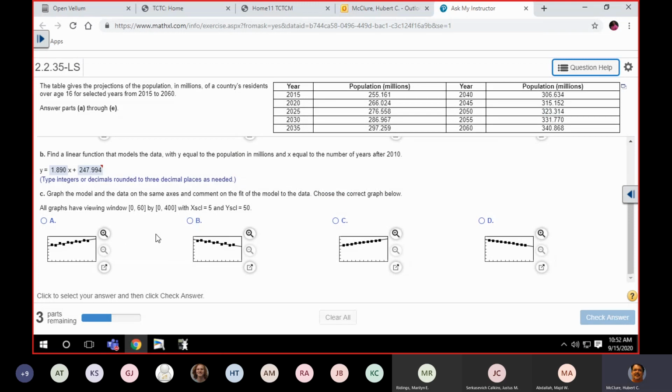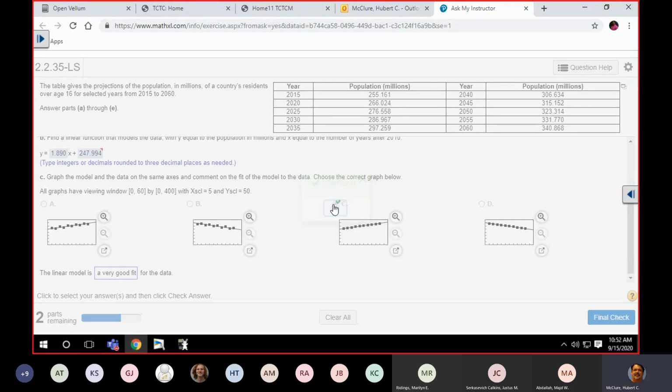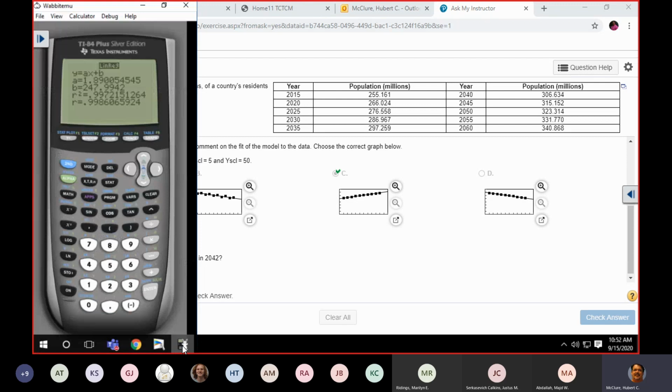And what else did they ask? Is that it? Everybody see? And the linear model is a very good fit. And what does the model predict the population will be in 2042? So let's go to the calculator.